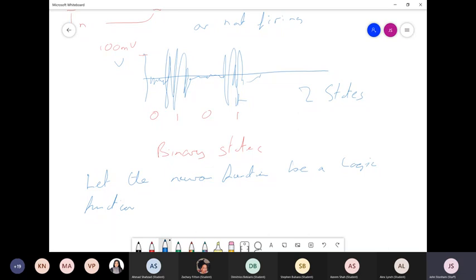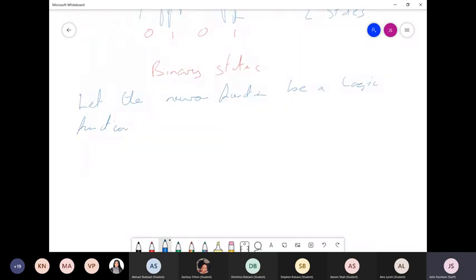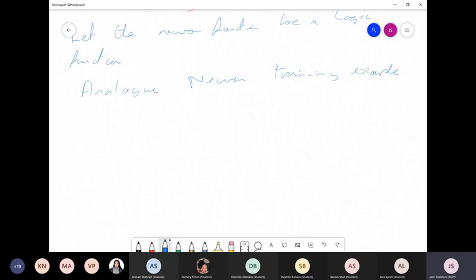So instead of having a vector model, which we were having with the analog neuron, we are now going to use a logic function. And if I go back to the example we used for the training of the analog neuron, it should be back in your notes a couple of weeks ago.